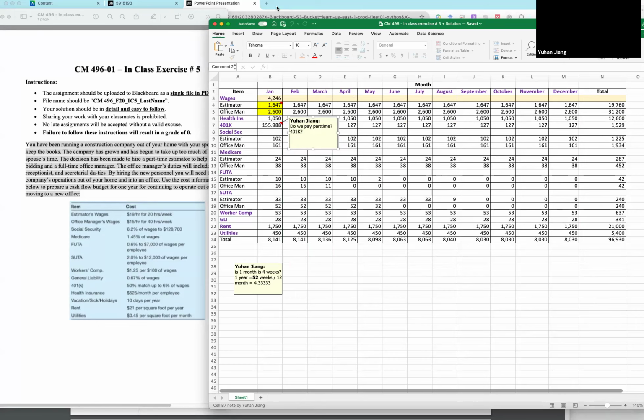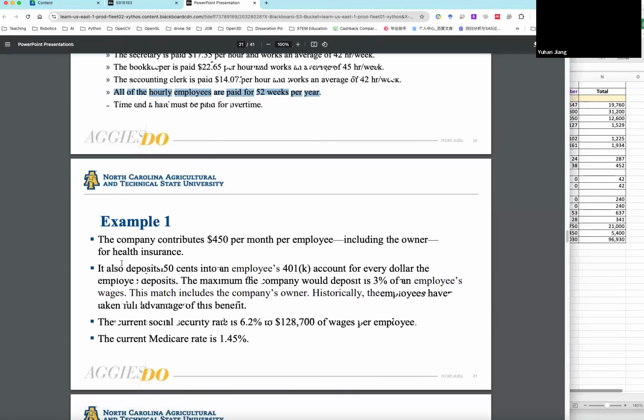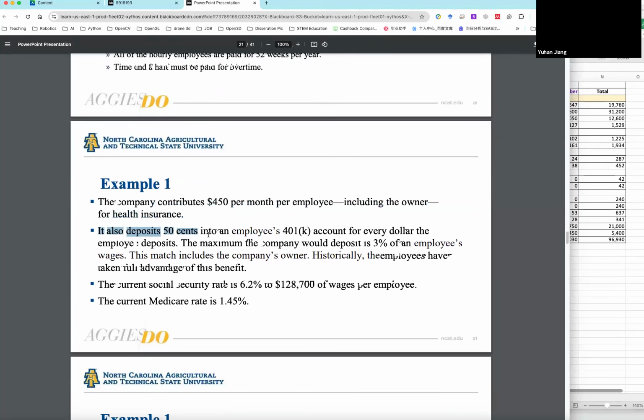So we go back to the lecture to see what the answer is. The company contributes per month per employee, including the owner's health insurance. It also deposits 5 cents into the employee 401k for every dollar the employee deposits. The maximum the company will deposit is 3 percent of an employee's wage. So this match includes the company's owner. Historically, the employees have taken full advantage of this benefit.